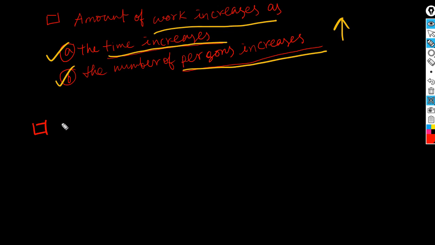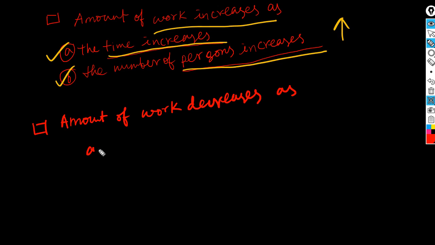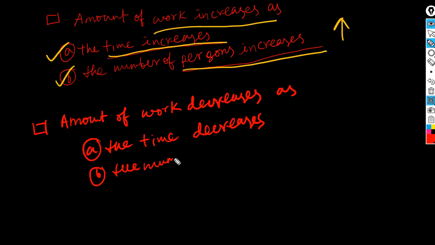So keep in mind: the amount of work decreases as, number A, the time decreases, and number B, the number of persons decreases.